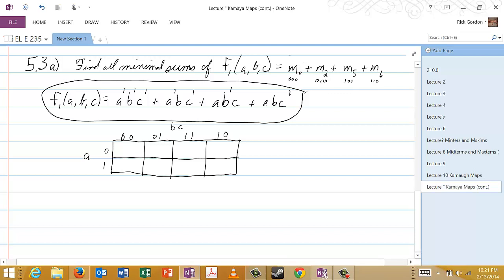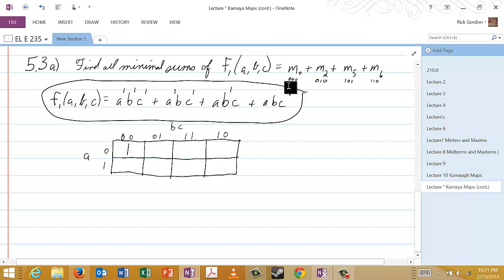The 0th min term, remember, will be this one, and remember how we count. We go 0, 1, 2, 3, 4, 5, 6, and 7.